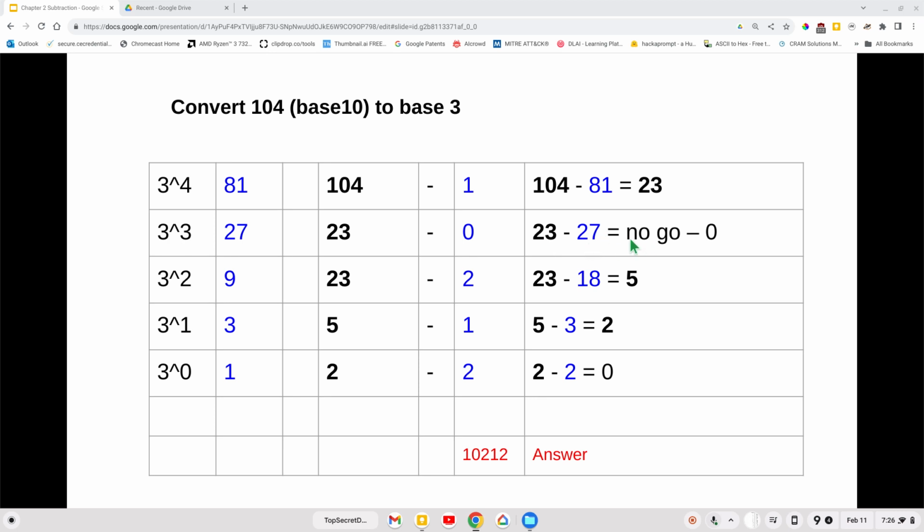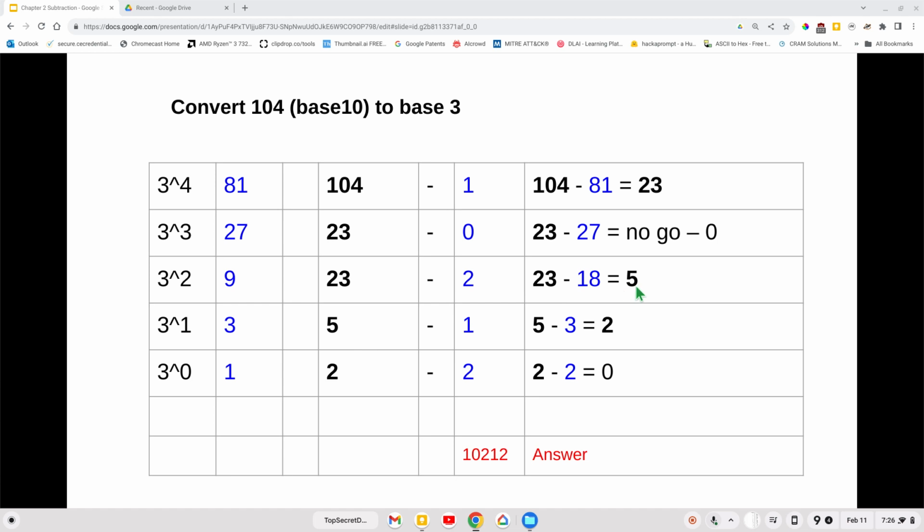The next level is 3 to the 2, so that's 3 times 3 is 9. How many times does 9 go into 23? 9 times 2 is 18, so it goes into 23 twice. So 2 is here, and 23 minus 18 leaves a remainder of 5.